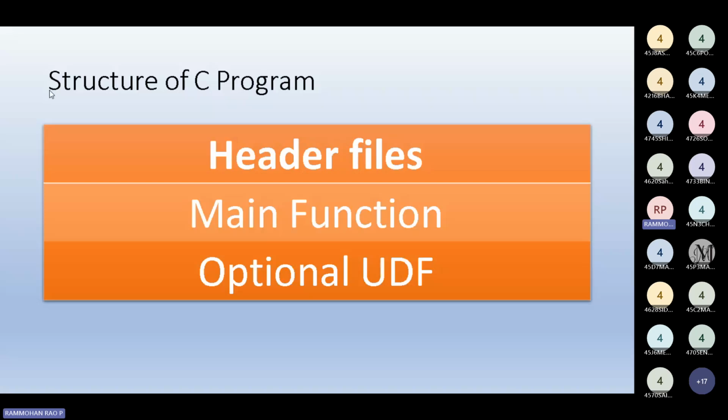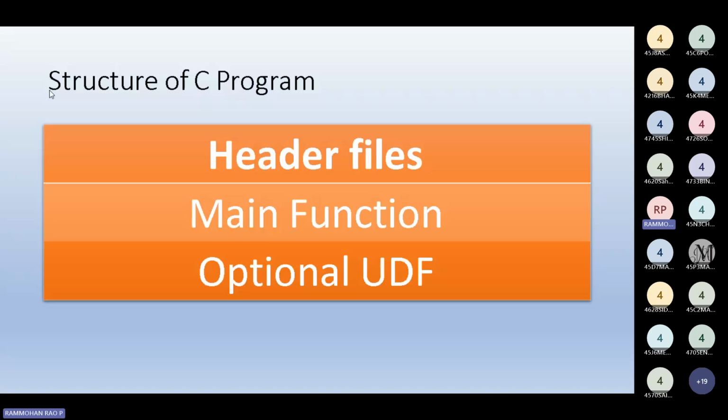So all the functions which are related to mathematical operations are grouped together and kept in a file called math.h. So what is a header file? A header file is a file which contains a group of related functions. Like math.h contains all math related functions. Similarly, friends, you have printf, scanf, right?